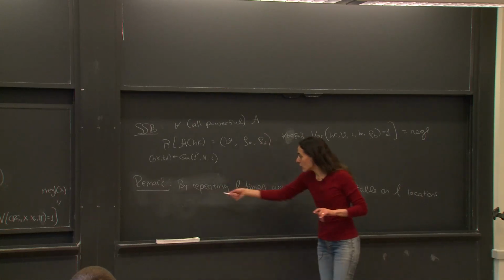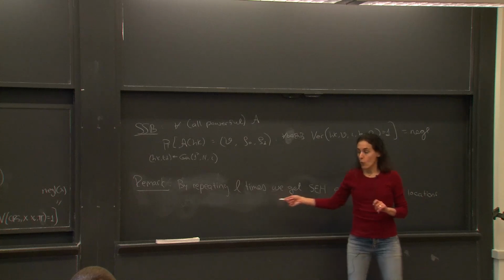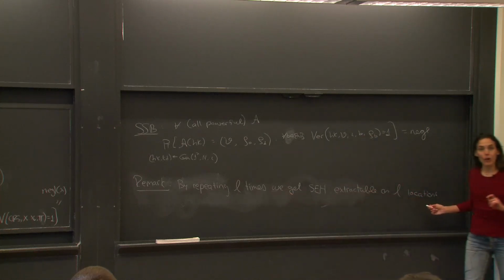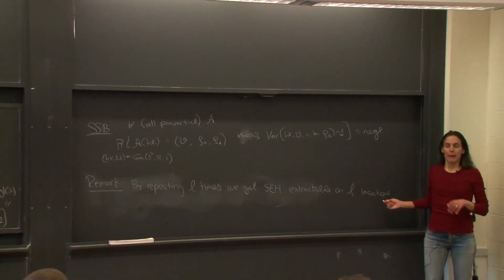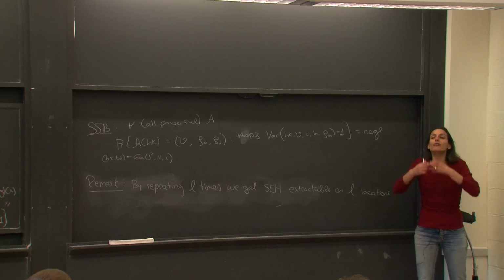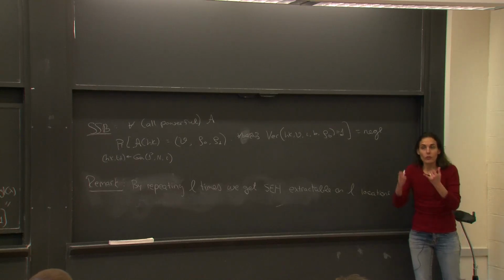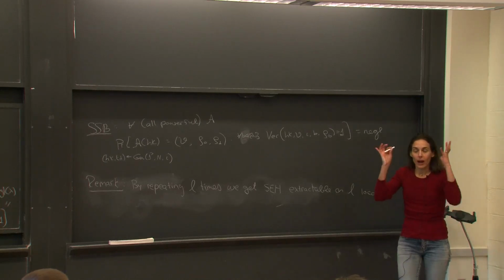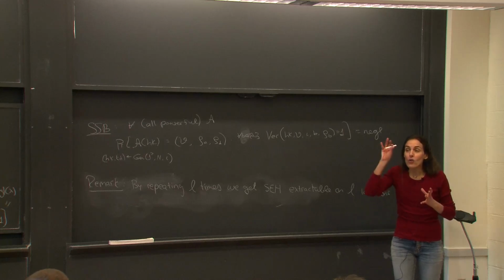So again, if we repeat L times, we're binding on L locations. But even if I reveal the trapdoor corresponding to a couple of locations, the rest remain hidden.